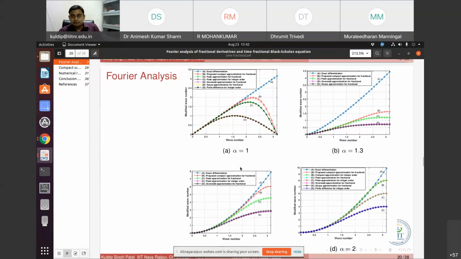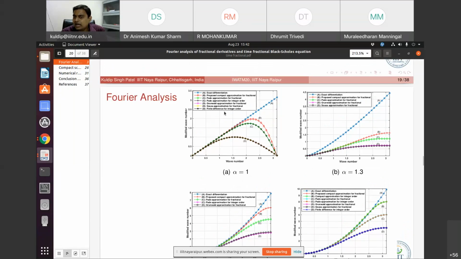So, Fourier analysis, okay. And here, what I'm saying is that a lot of research problems are hiding here. See, no one has worked on this. Suppose we have a fractional differential equation which has an oscillatory solution; one can very simply apply this compact scheme. And because this Fourier analysis shows that this compact scheme has better modified wave number, I'm 100% confident that we are going to get good results. Right?